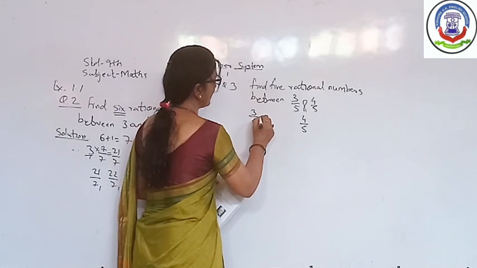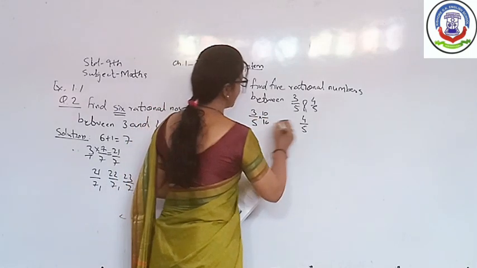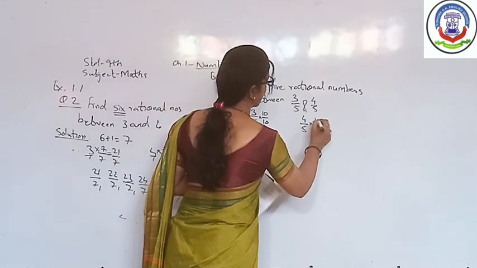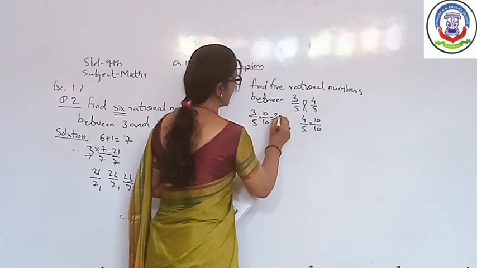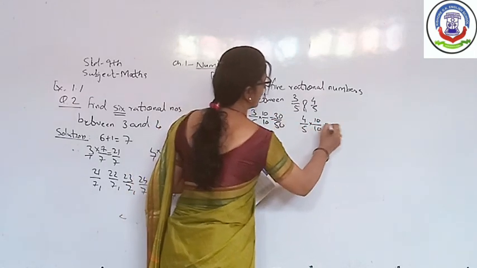Another method is to multiply by 10 by 10, which is easy. So it is converted into 30 upon 50, and this one 40 upon 50.